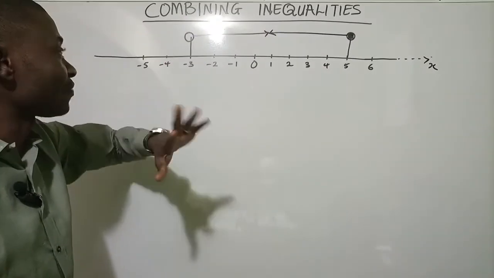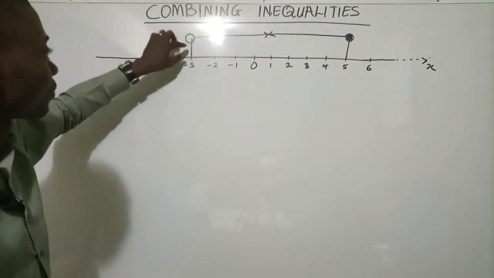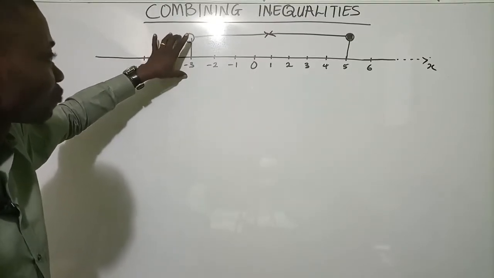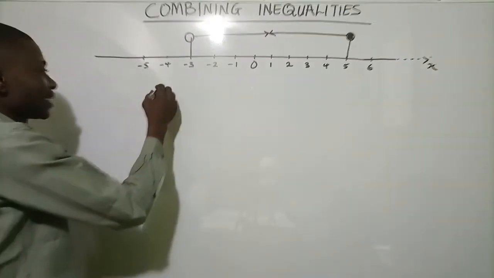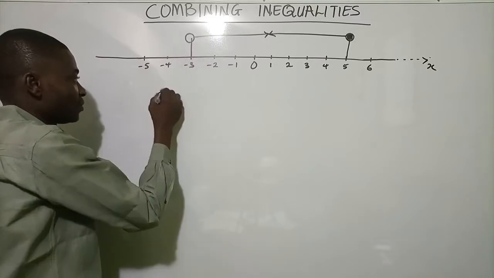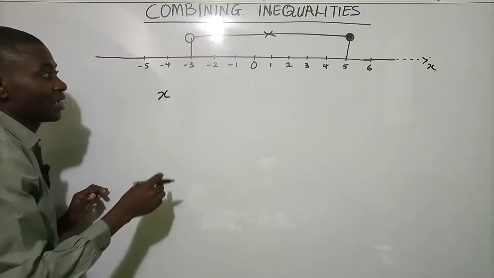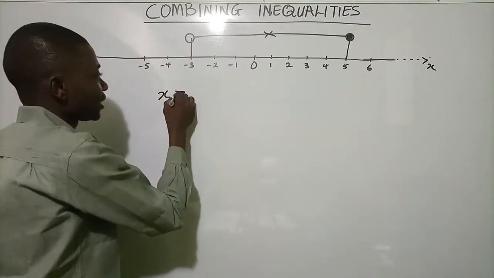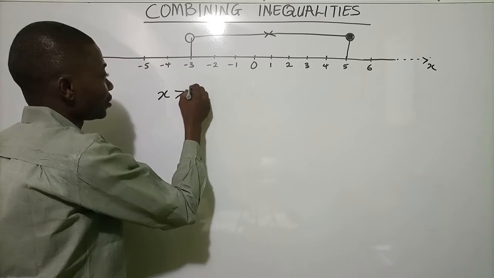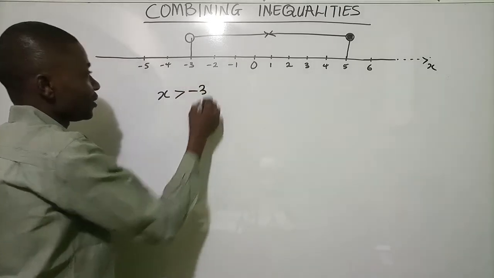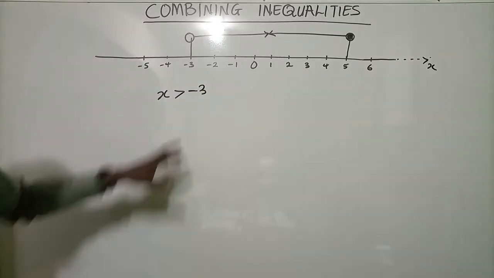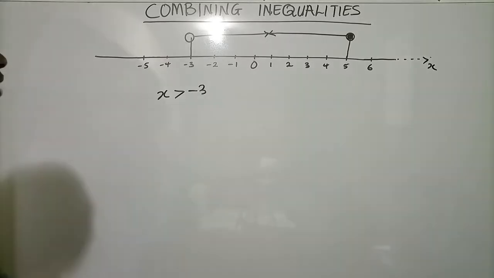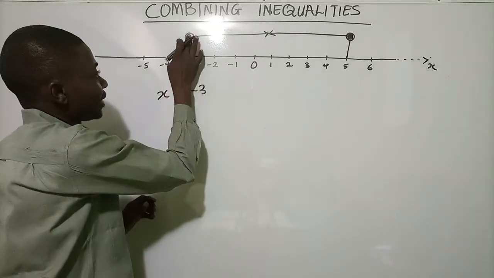What does it mean? From our last video, we explained that when you see something like this, it means that x is greater than -3. You can see from x that the arrow is going this way.